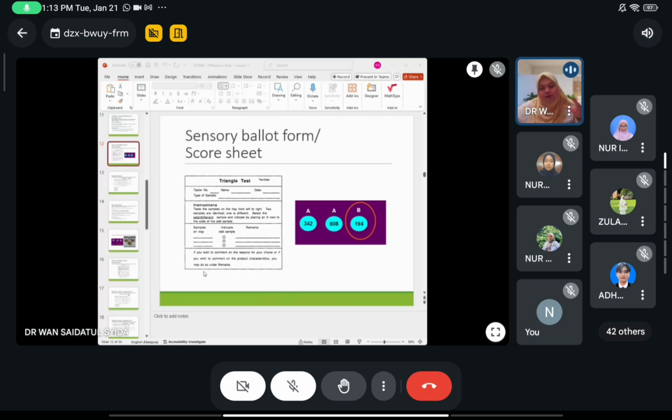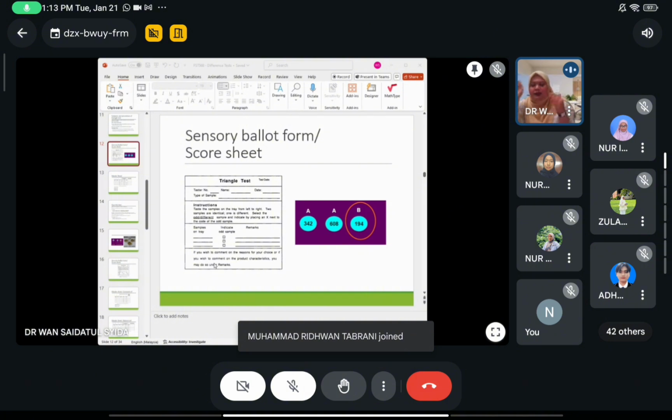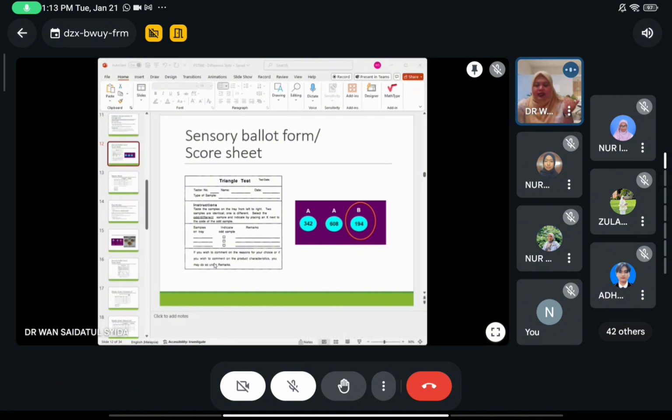So that's why you have to know the principle of each of the methods. So it's very good if you can list down the six methods or the five methods in parallel, and then write down the principle, write down the score sheets, then the similarities and also the differences. That's it. You can cover all the difference tests. Okay, so that's done with difference tests, or discriminative tests.